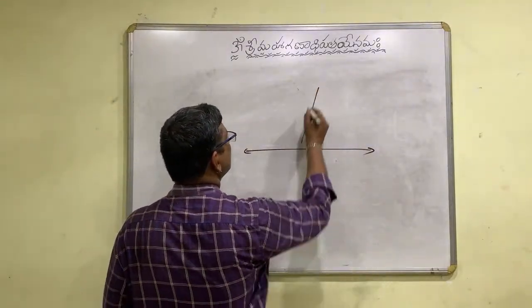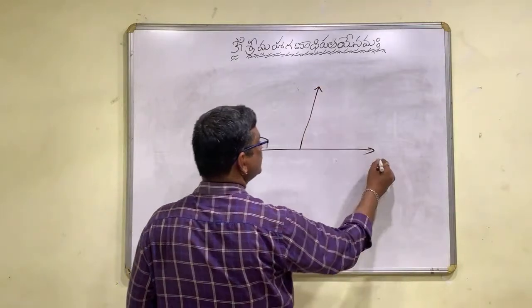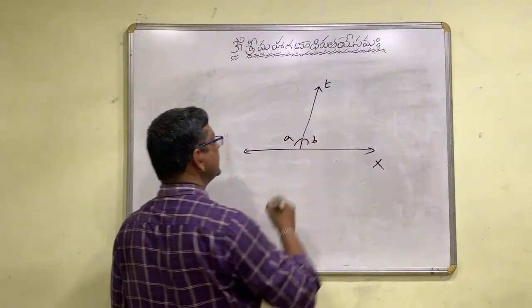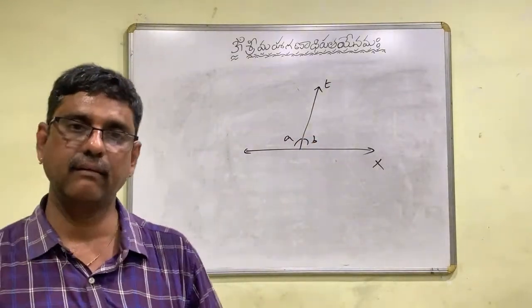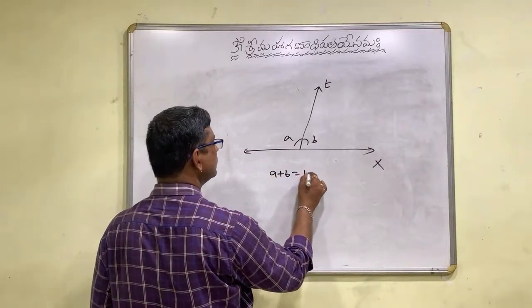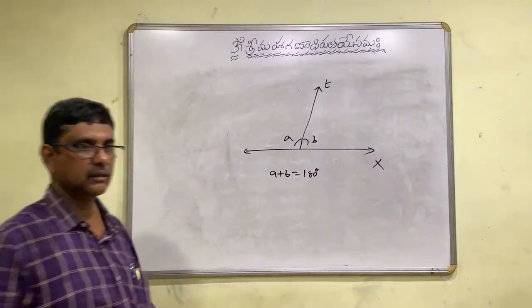Two adjacent angles are there on a straight line. So let us take X as a straight line. A and B are adjacent angles on a straight line. We know that they are called a linear pair and their sum is 180 degrees.